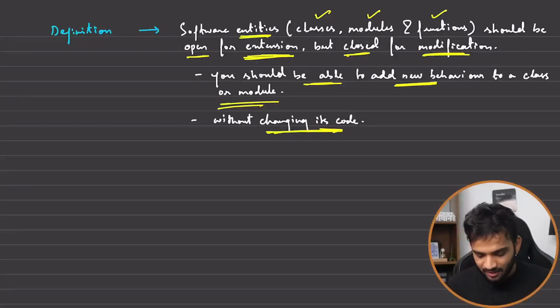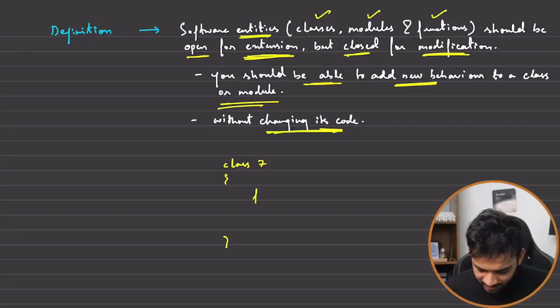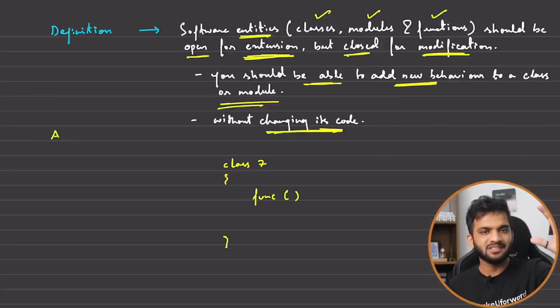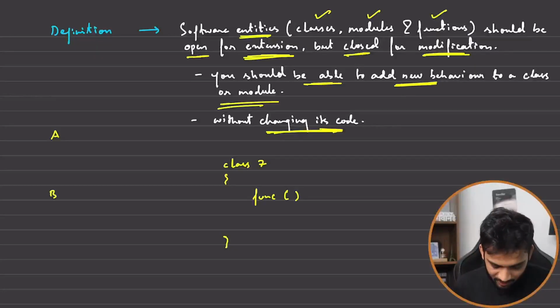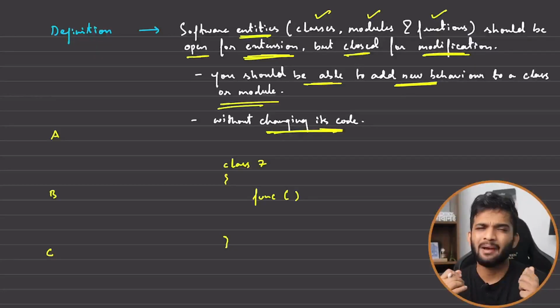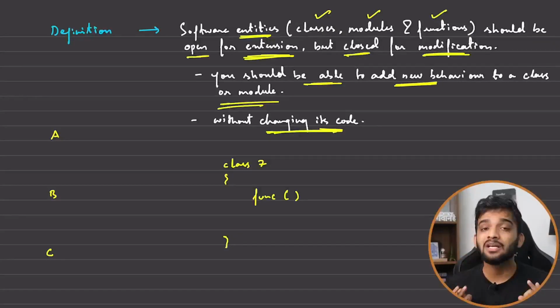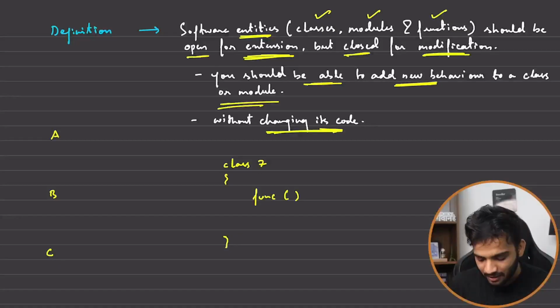Let's understand. Imagine you have a class Z that has some functionality, and this class Z is being used by someone at a place A, someone at a place B, someone at a place C, and so on. Could be microservices, different classes, different services, literally anything, and they're using class Z's functionality.